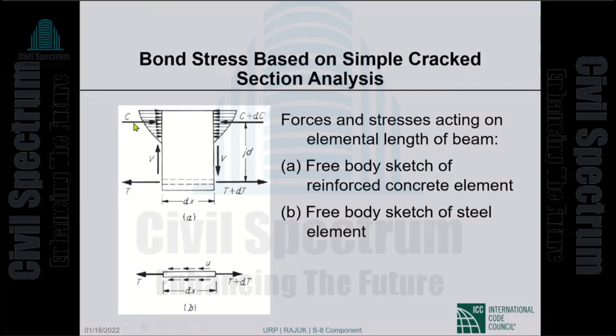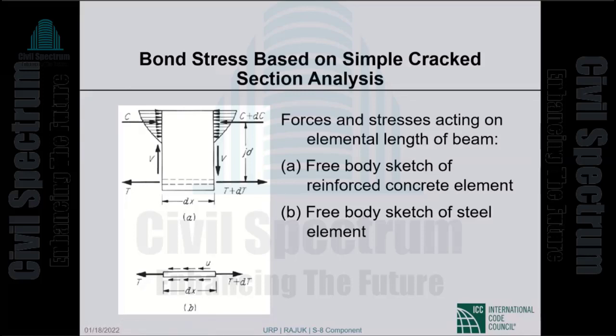The compression in the concrete on the left face is C, on the right face is C plus a differential dC. The shear is V on both faces. They have to be equal for vertical equilibrium. And the lever arm between the compression and the tension forces is jd. In the days of working stress design, we used that notation for lever arm, jd.